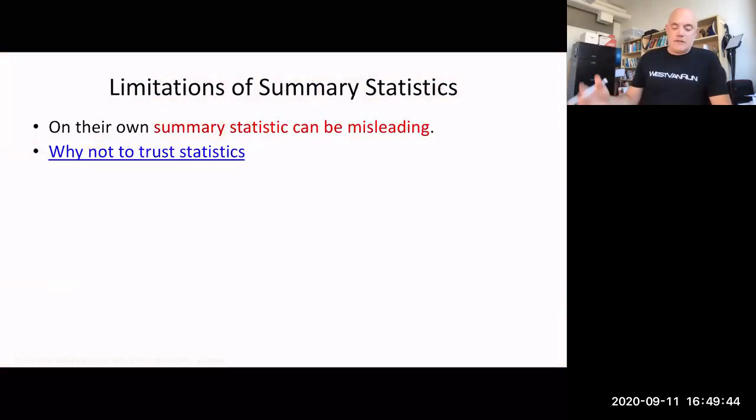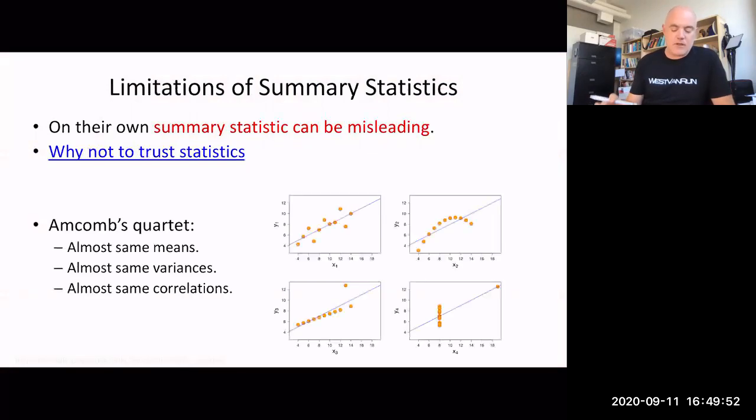There are some limitations of summary statistics, and we're running out of time. When you compute summary statistics, you should be careful, because you can arrive at situations where the same data set has very different summary statistics.